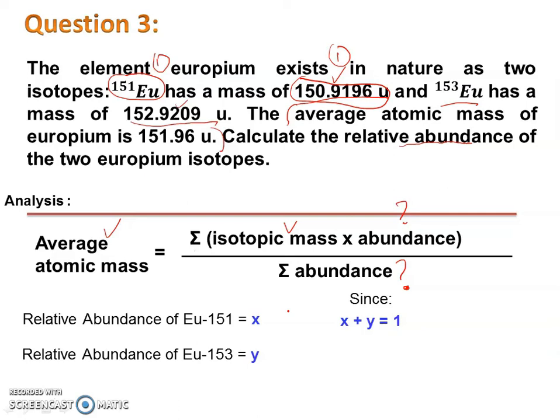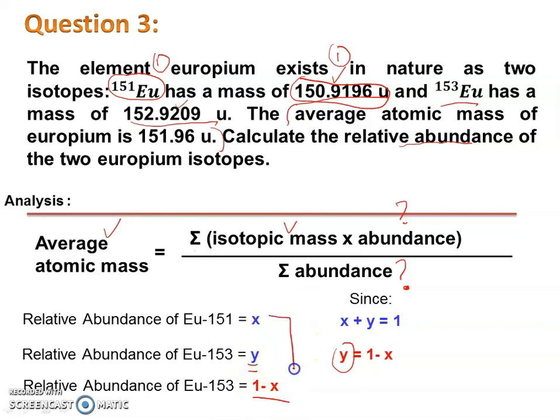Of course, you can make it X plus Y equals 100, where we assume the total abundance is 100%. Now Y equals 1 minus X, so I get the value of Y. So I substitute the relative abundance of Eu-153, Y equals 1 minus X.